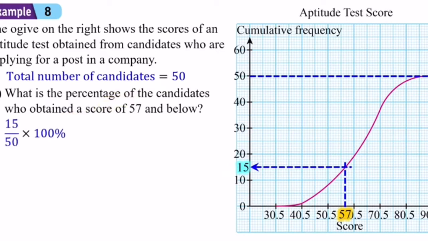Alright, so let's work it out. If you simplify the 0, cut 1 zero up and down, 5 1 5 2, 2 times 15, so you get 30. So that means it's 30% of the candidates who obtain a score of 57 and below.